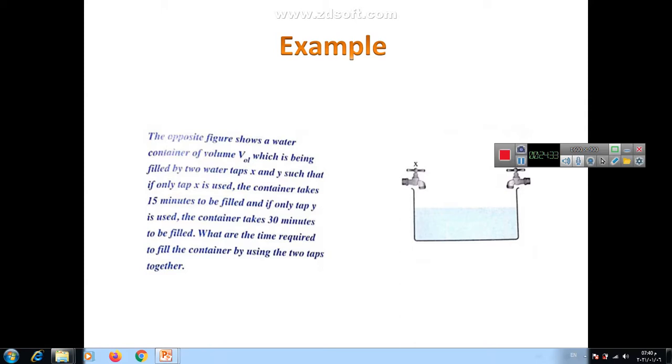And if only tap Y is used, the container needs 30 minutes to be filled. What is the time required to fill the container by using the two taps together? Now we want to fill this container with the two taps together, and we want to know the time required.